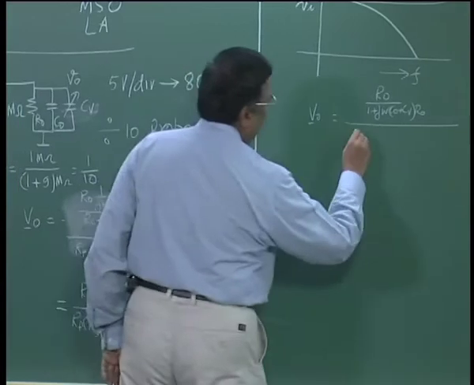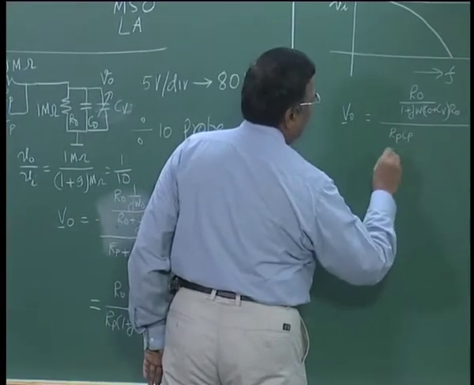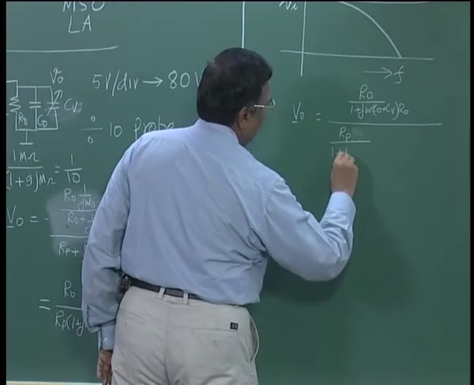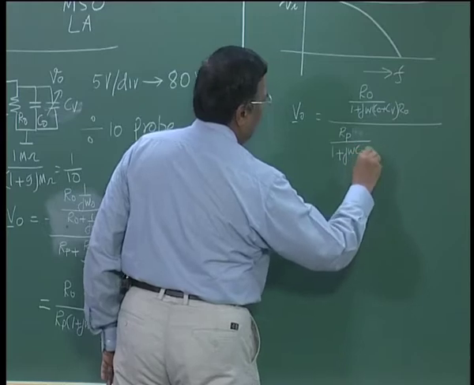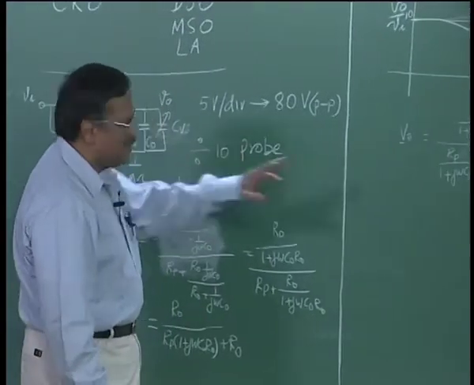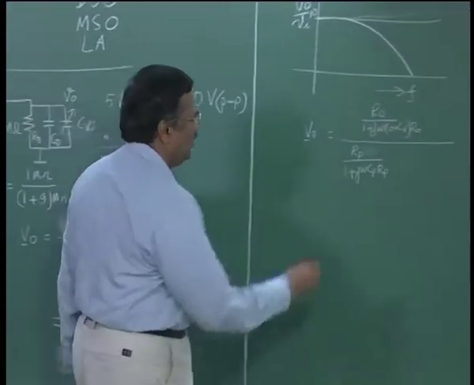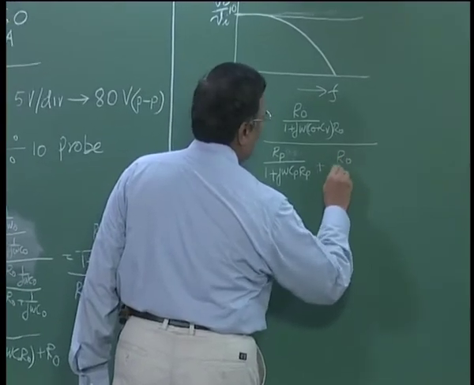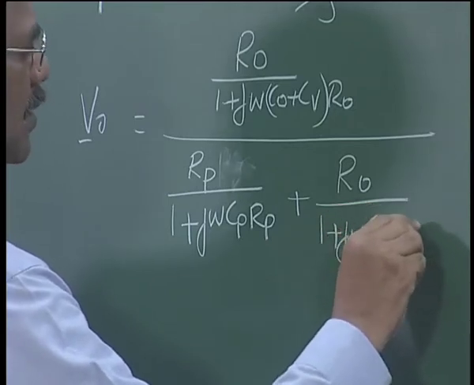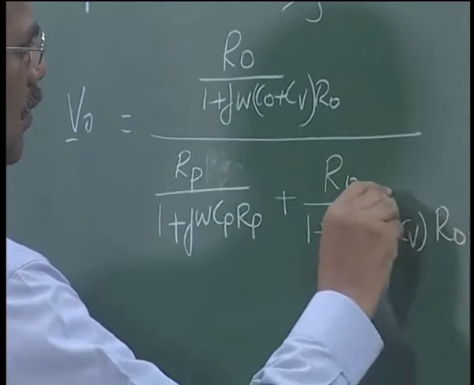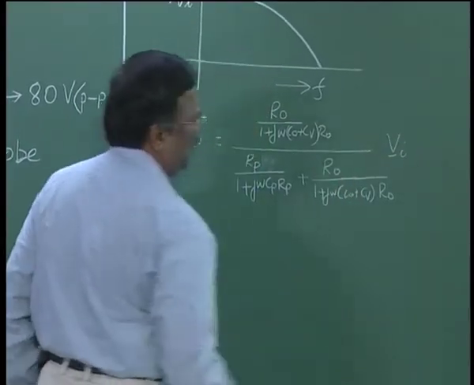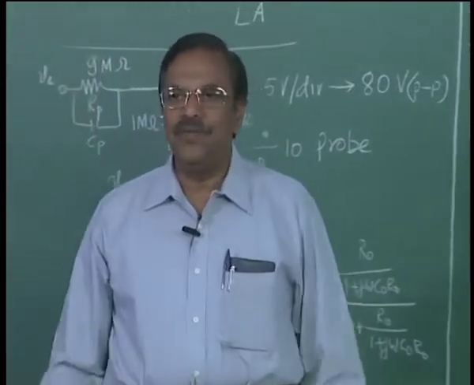So, I have Rp and Cp: Rp divided by 1 plus j omega Cp Rp, right. This impedance, Z1 Z2 by Z1 plus Z2, will work out like that, plus of course the same R naught by 1 plus j omega into C naught plus Cv into R naught, into Vi, at any given frequency.